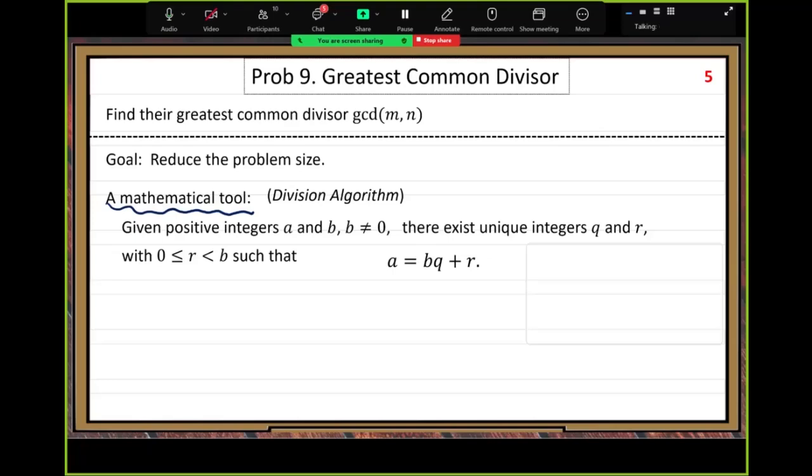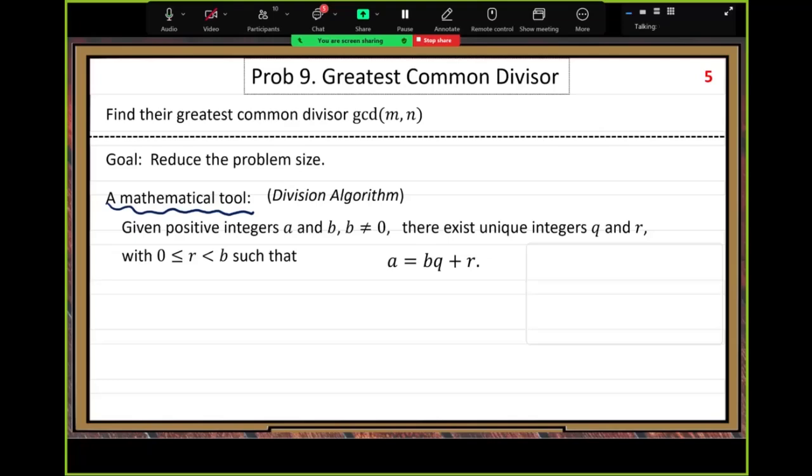So that simple integer division method, here we make it the division algorithm so we can use it as a problem size reduction tool, and it's a powerful tool. Next step, we will use this division algorithm to reduce the problem size.